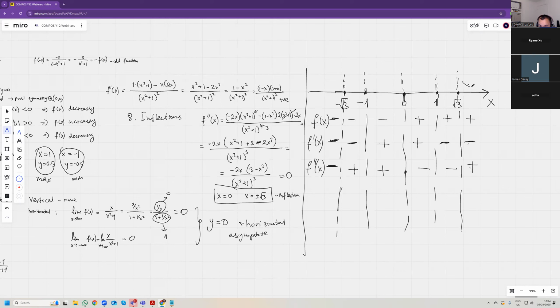So it goes like this. Between 1 and root 3, f of x is positive, so it's above the x-axis. The gradient is negative, but it is a concave function.